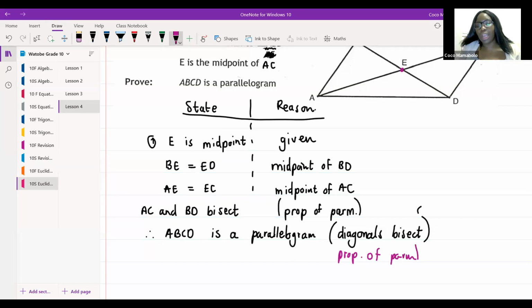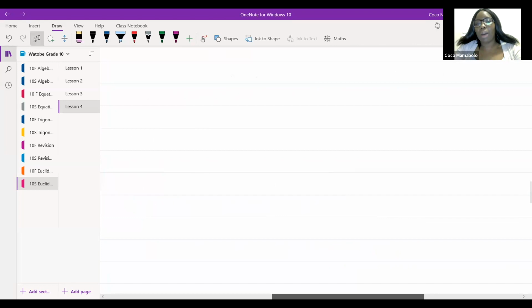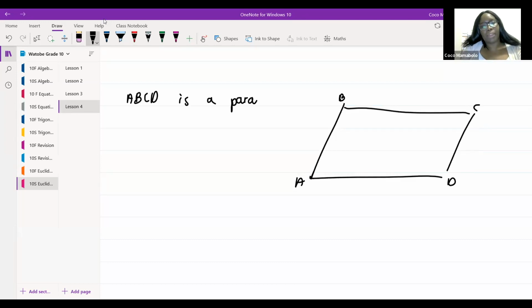The only thing I can do is, let's say I'm answering a question and they give me a shape, A, B, C, D, and the question says ABCD is a parallelogram. Then let's say they want us to find the length of BD.